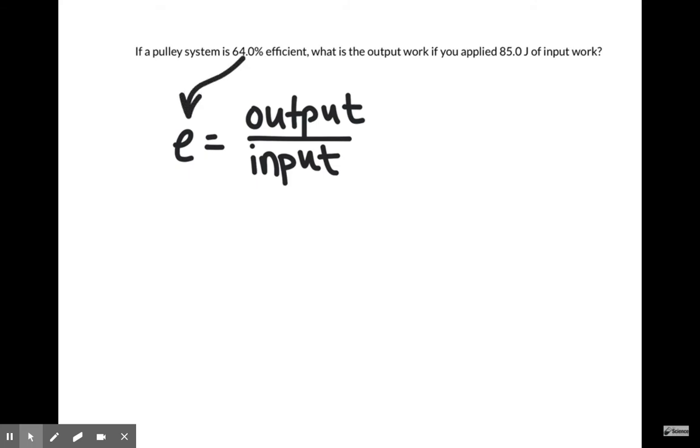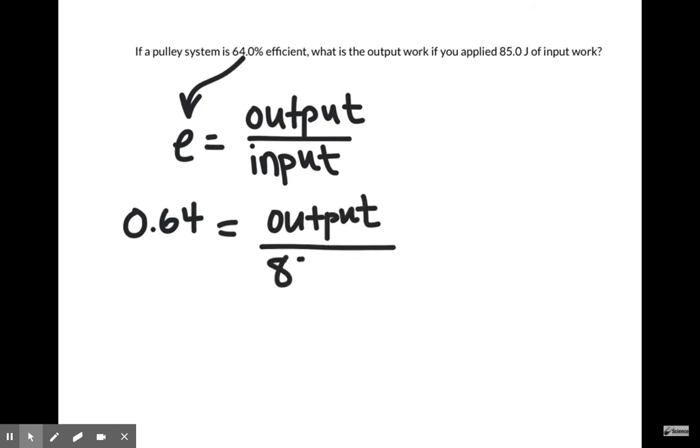I'm going to write it as the decimal form, just like we would get when we do the calculation. So it's 0.64. To convert a percent into a decimal, just divide that by 100. And I'm going to calculate the output force, and I know the input force, that's 85 joules. So if I multiply both sides of the equation by 85, I'll be able to determine the output force.